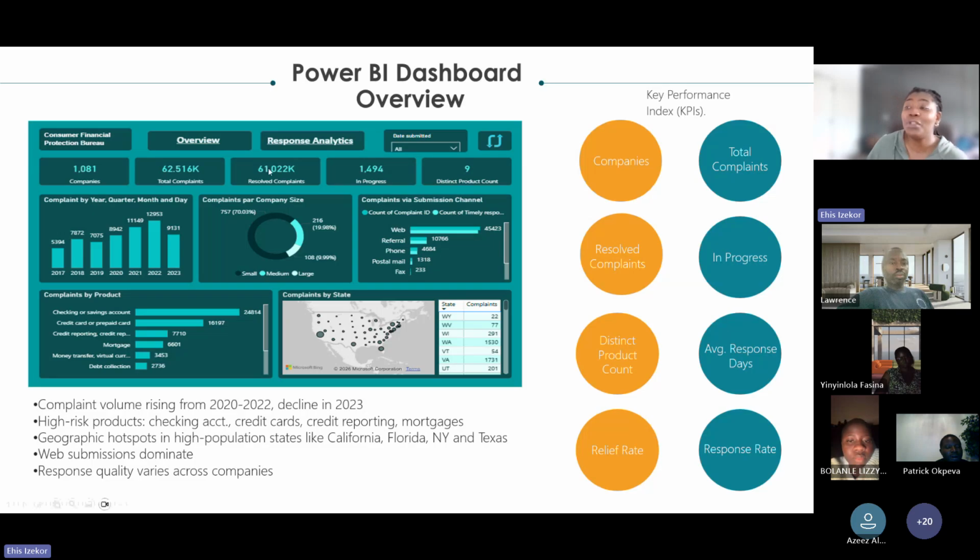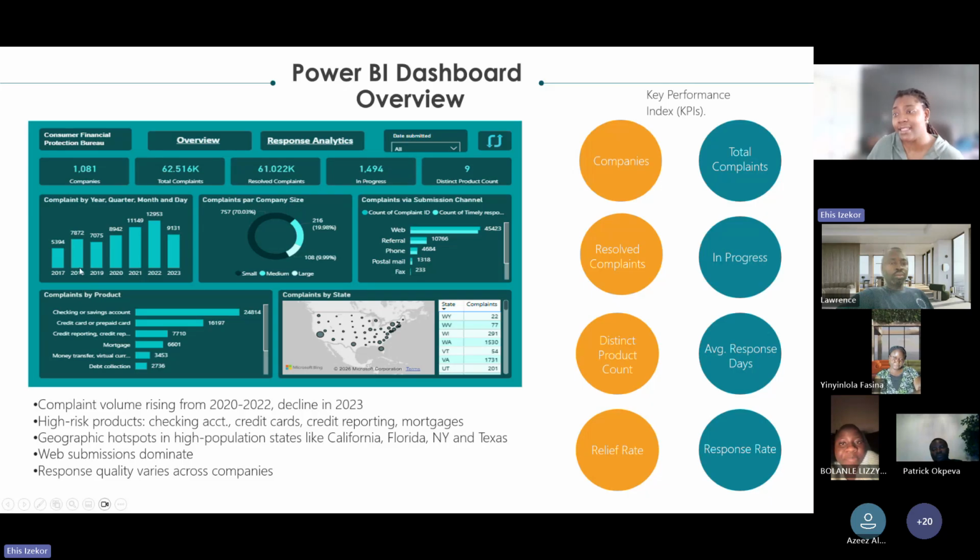Then the total complaints gotten was 62,516. Then the resolved complaints so far are 61,000, which is high. The in progress complaints is 1,494, and the products are 9.